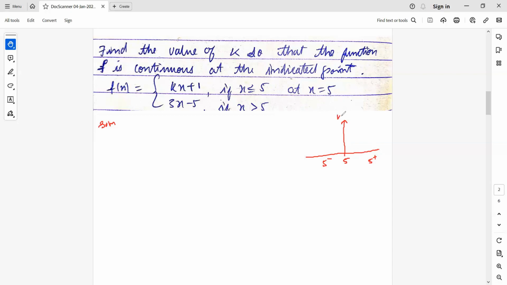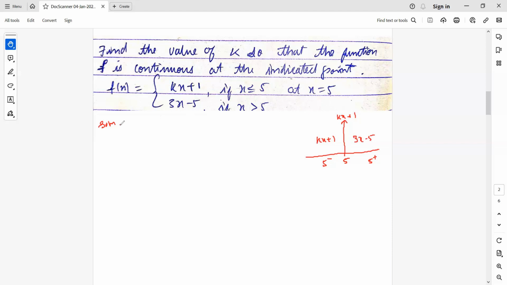When it is less than 5, the value of the function is again kx plus 1. When it is equal, also it is kx plus 1. And when it is greater than 5, the value of the function is 3x minus 5.